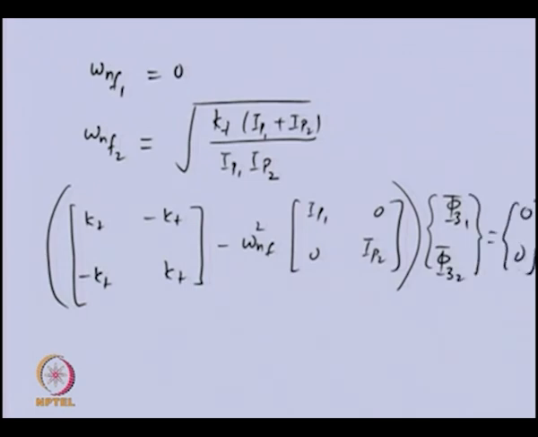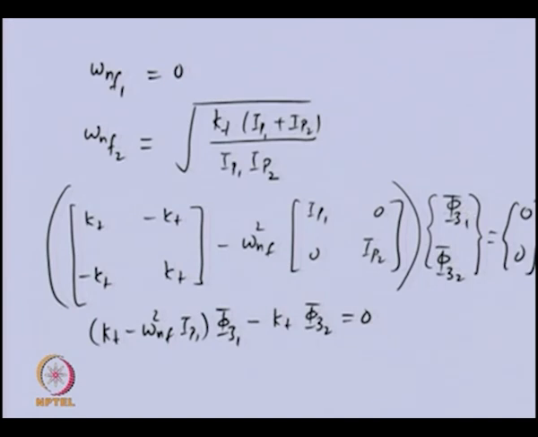So, now if we take the first equation, that is KT minus omega NF square IP1 into this displacement, the first term, then minus KT phi Z2. So, I have taken the first equation of this whole matrix.